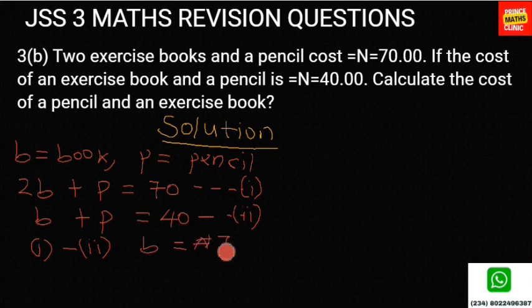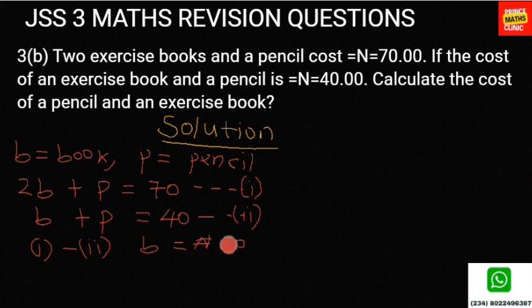So that means b, which represents an exercise book, is 30 naira. So to get the cost of the value for p, substitute it in any of the equations, right? So 70 minus 40 is 30.